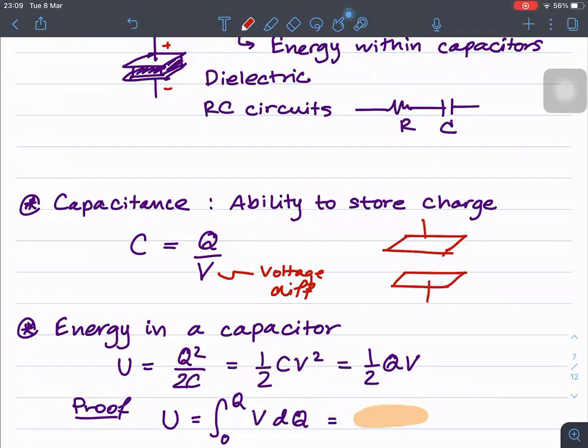If I give a DC source to the metal plate, the current will be flowing from this direction on the positive into one side of the capacitor, and electrons will be flowing from the other side, causing the negative charge on the plate.